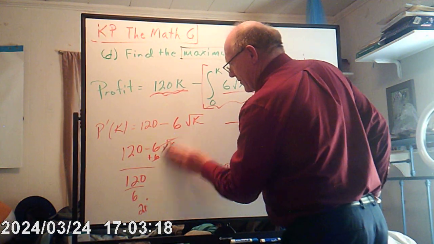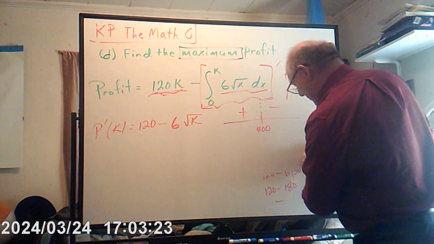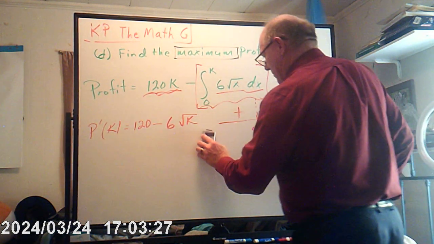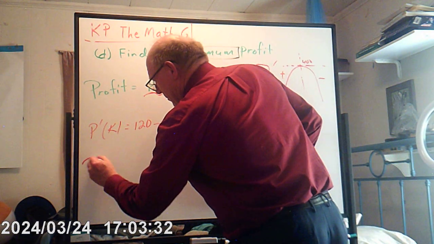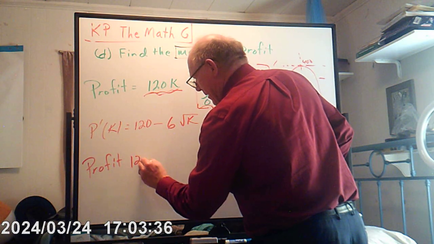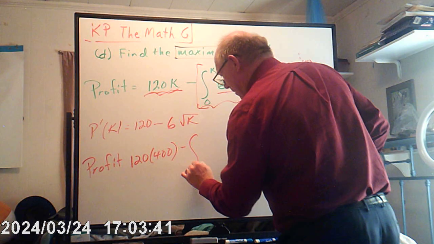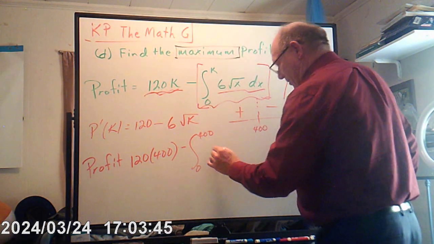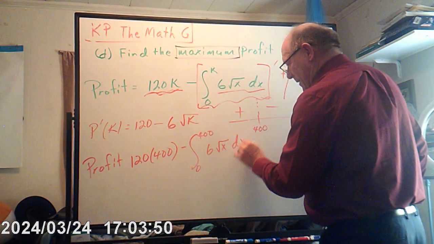Okay, so let's take a look at the original problem again, and now we can figure out how much the maximum is. What is the maximum profit? Well, here it is. Profit again, we already know what the equation is. 120 times 400 minus, now we're integrating, we know it's from 0 to 400, and then 6 times the square root of x dx.